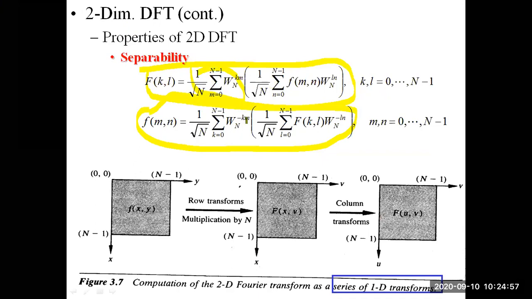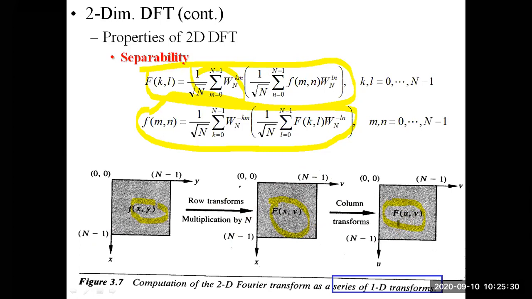The separability property can also apply for this discrete Fourier transform, and here initially f of x comma y, first get capital F of x comma v, after that F of u comma v. The rows transform and columns transform. That means first rows, second columns. If it is not possible to transform at a time, first transform the rows and after that transform the columns.